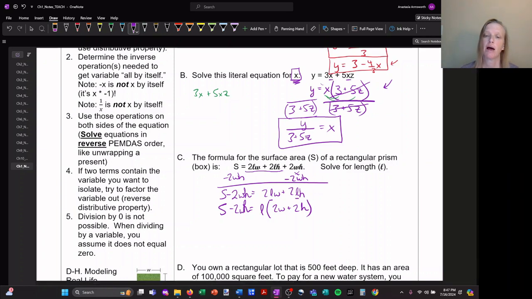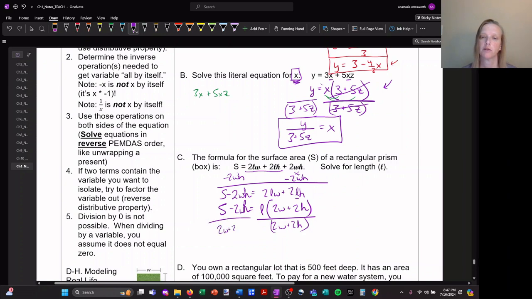And now to get L by itself, I want to divide away the big thing in parentheses, this 2W plus 2H. Divide away the 2W plus 2H. And on the right side, that cancels out the big math problem in parentheses. So I'm just left with L on the right-hand side.